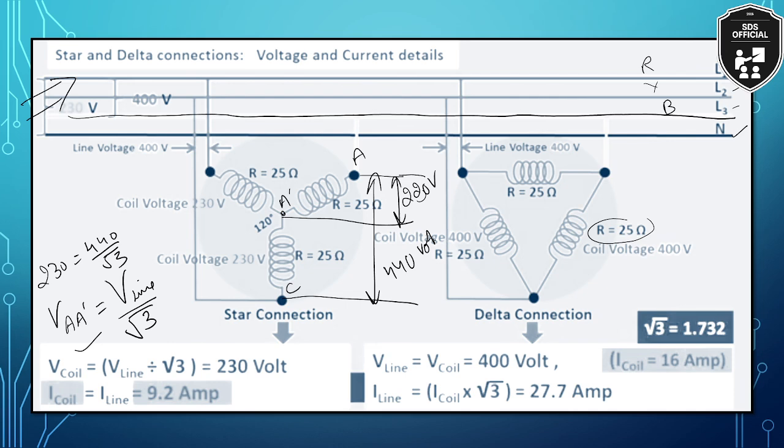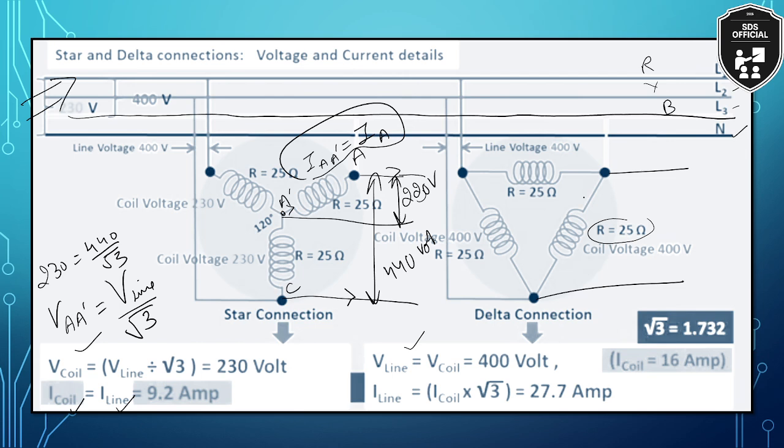The coil current will resemble this current and this current, so the coil current will be the same as the line current. That means the current flowing in the portion AA dash is equal to the current flowing outward from wire A. On the other hand, in the delta connection, the voltage across the coil will be the same as the line voltage because the coils are connected with each other.